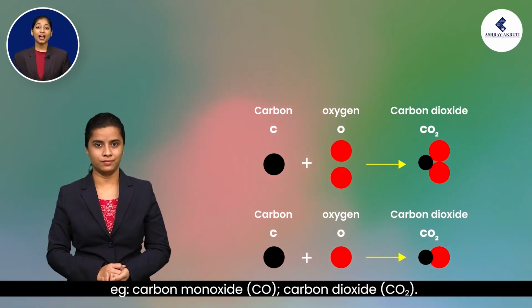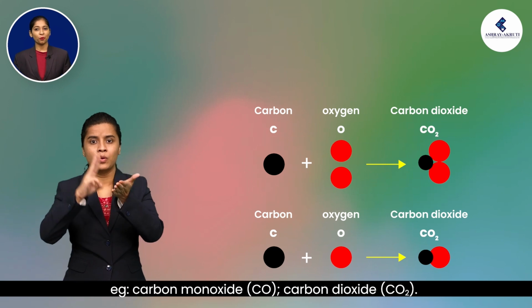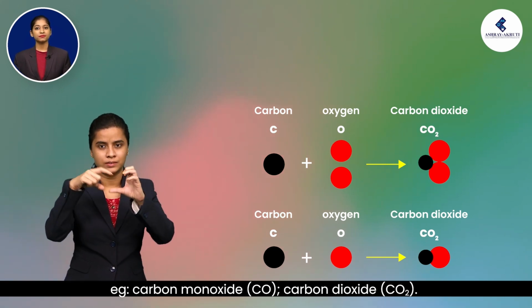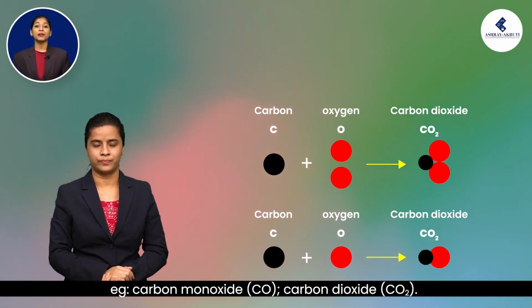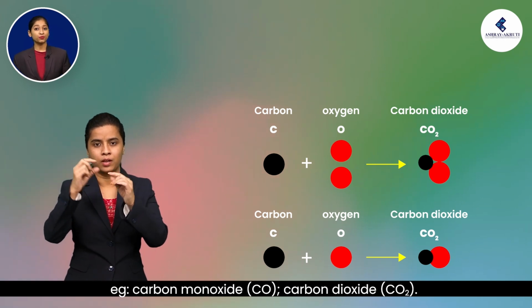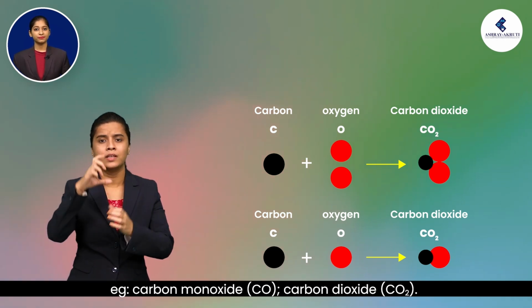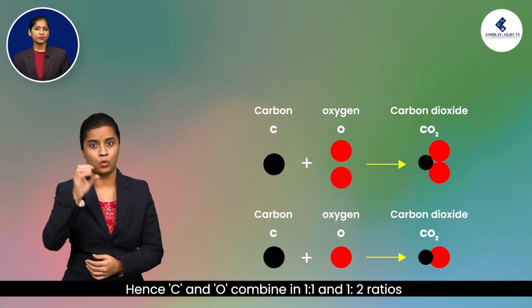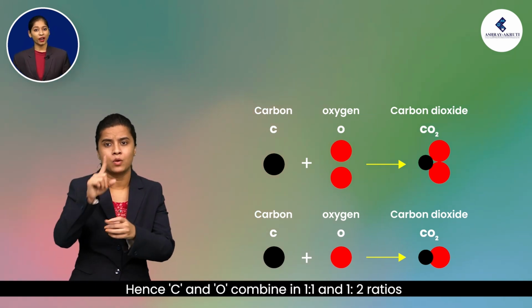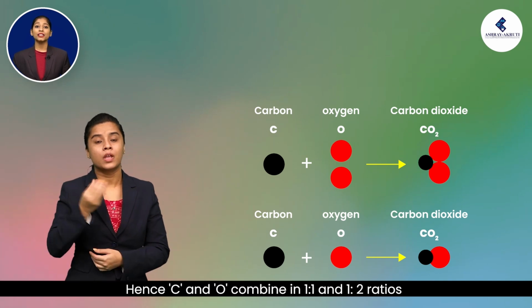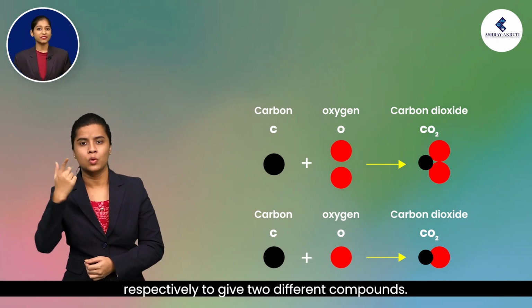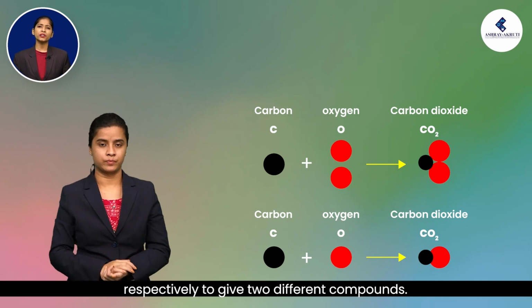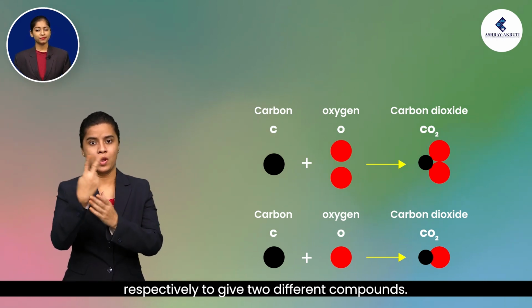Example, carbon monoxide, CO. Carbon dioxide, CO2. Hence, C and O combine in 1:1 and 1:2 ratios respectively to give two different compounds.